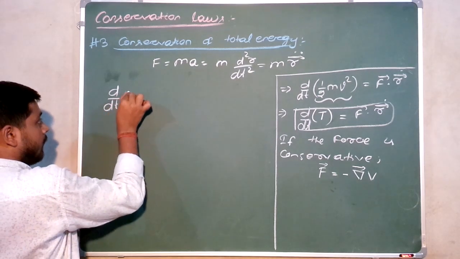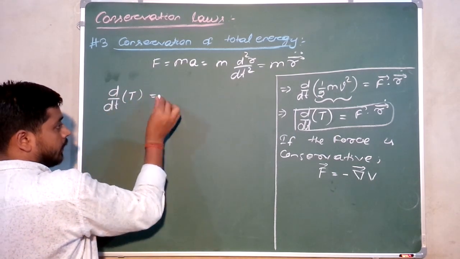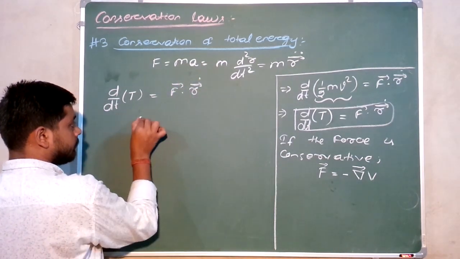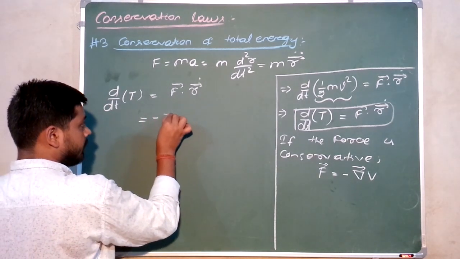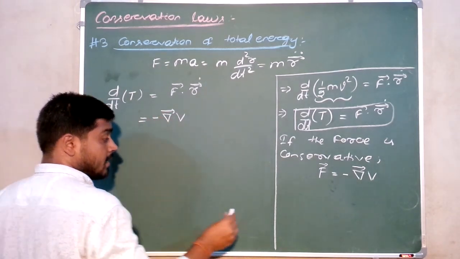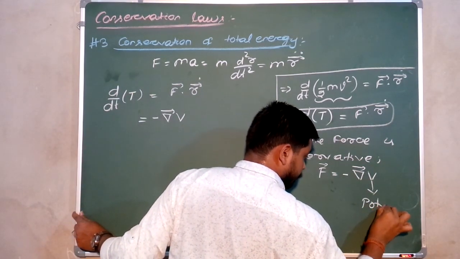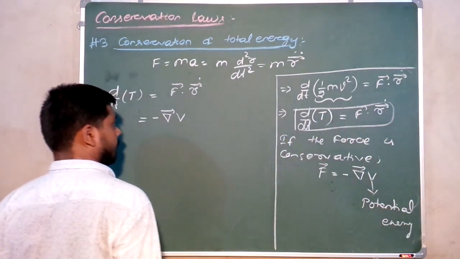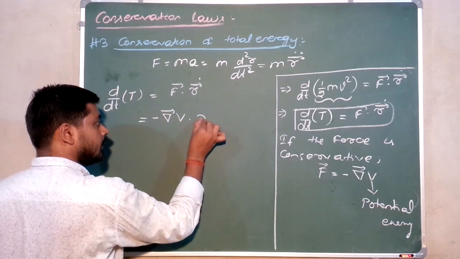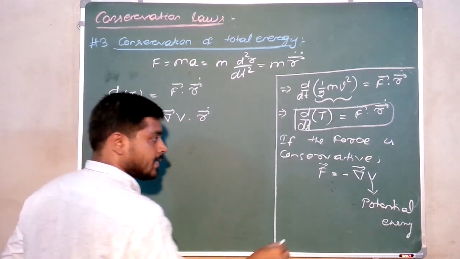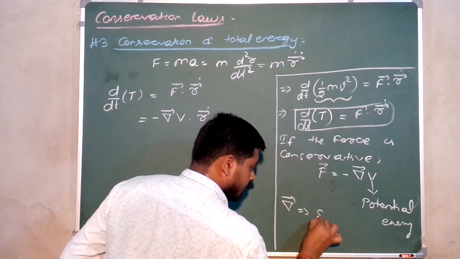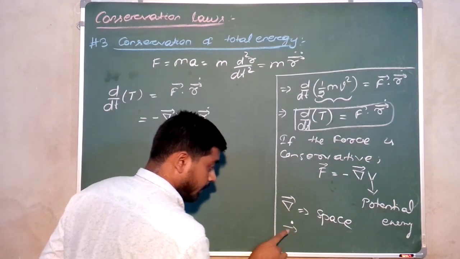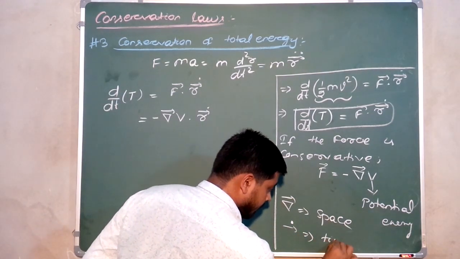d by dt of T equal to F dot r dot. In place of F we can write negative del V, where V is the potential, the potential energy. Yes or no? This del indicates change in space, and the dot symbol indicates change in time.